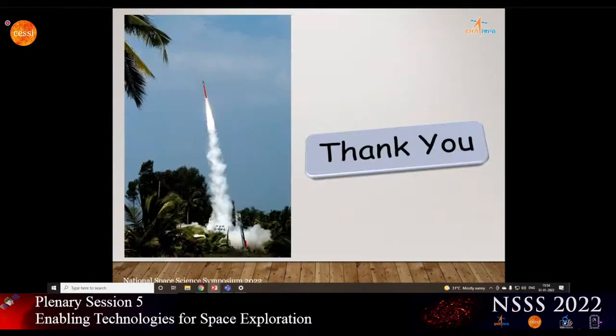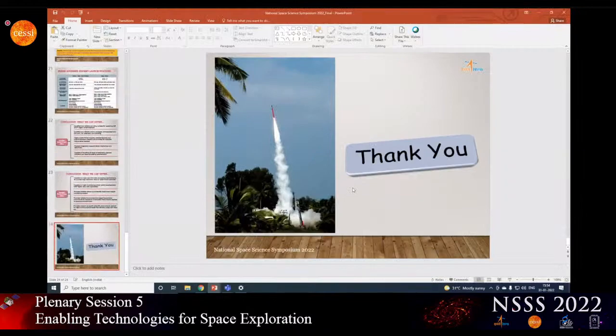There is one question from the chat box. This is from Ramesh: is there any website or web address to access the open data from sounding rockets, especially neutral winds and temperature? Yes, under the VSSC tab, we have the ATVP project, where all the sounding rocket details are available.